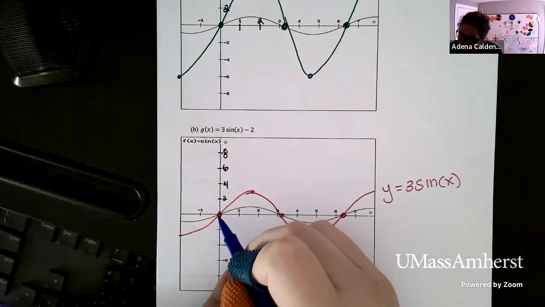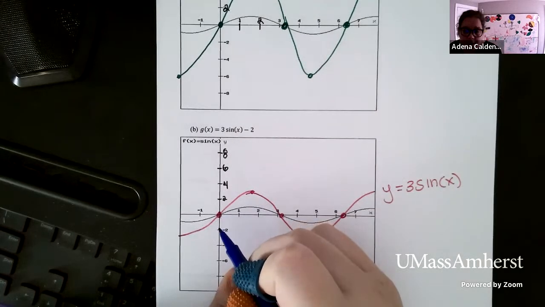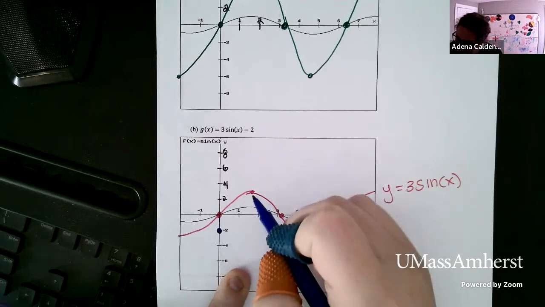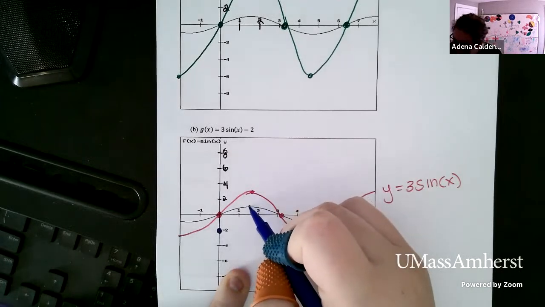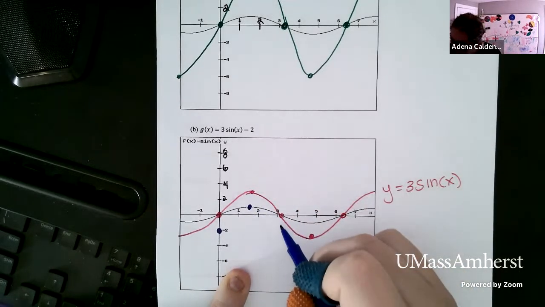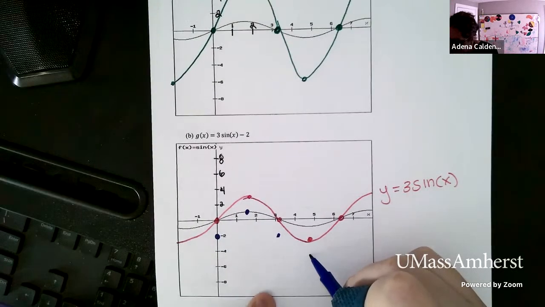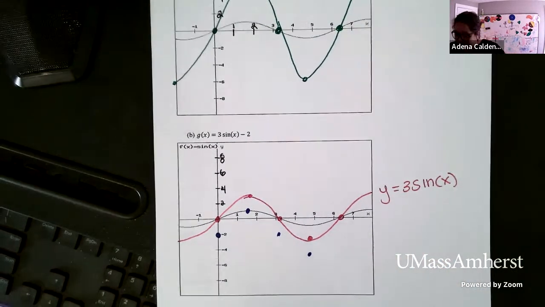So that means instead of 0 as a dependent value, we need to move this down to -2. Instead of 3, we move it down to 1, right? So on and so forth. We move everything down by 2 units. So the picture looks the same, but it's shifted down.